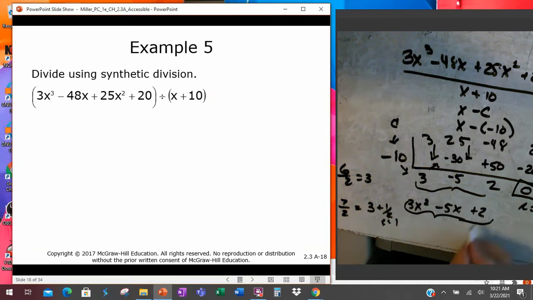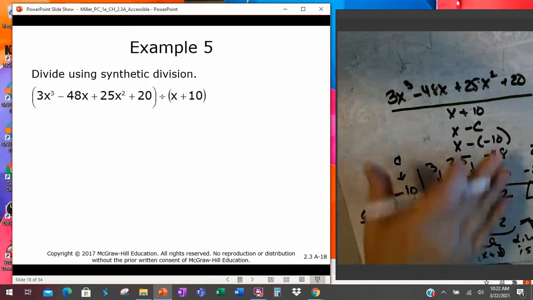Okay. When this happens, when r is equal to 0, it says evenly divides. That's what that means. This evenly divides into that. In other words, x plus 10 is a factor.